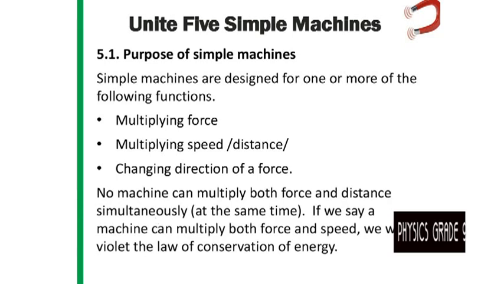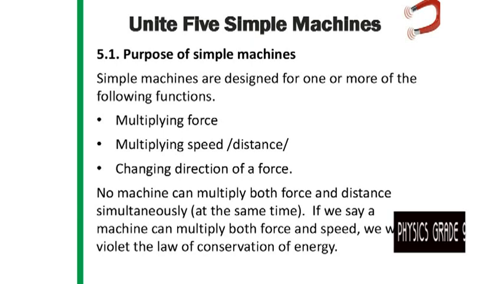Now, no machine can do the following. No machine can multiply both force and distance at the same time. In other words, no machine can actually do this simultaneously. If we say that a machine can multiply both force and speed at the same time, we're violating the law of conservation of energy.